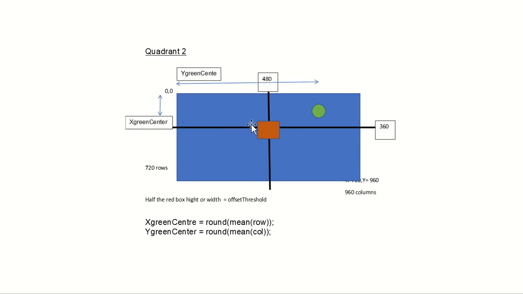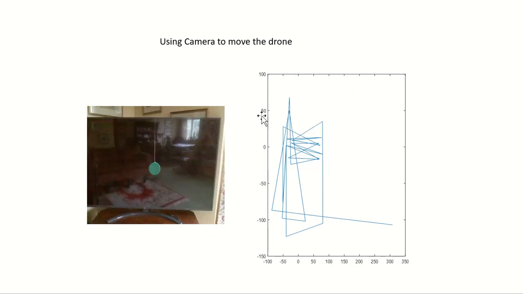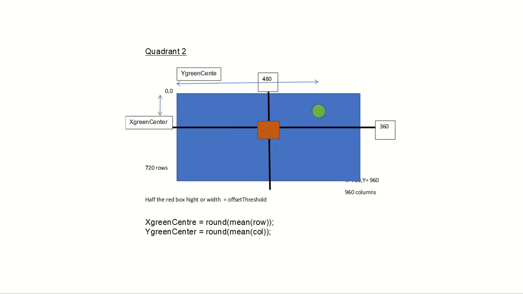So say it was up here, and this distance was bigger than that one, it would move that way and then up. If this distance was bigger than this way, it could move that way first and then that way. So you can have strategies for moving the drone about to get your different graphs here. You can invent your own strategies, but I just invented a simple one.